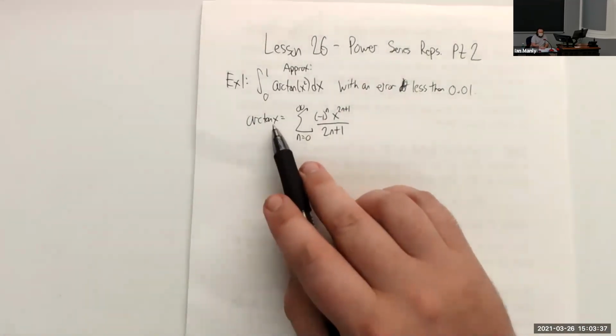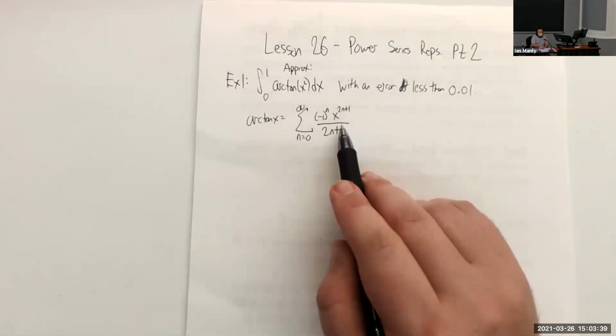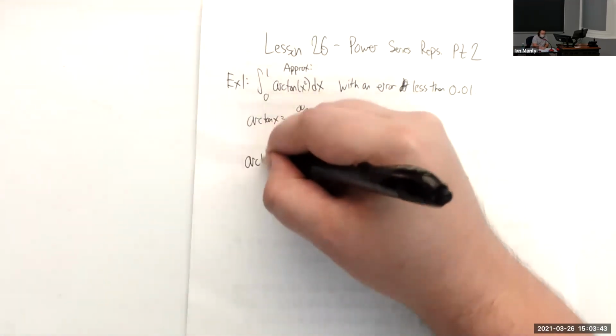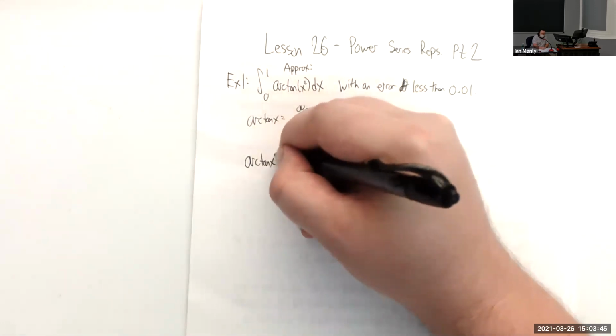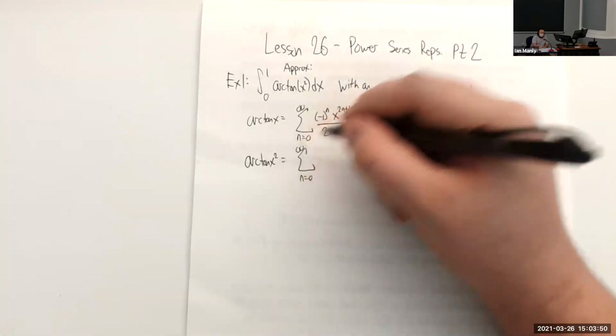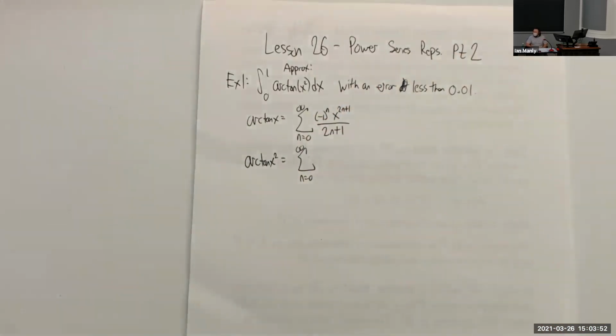But we don't want just arctan of x. We want arctan of x squared. So how do you think we're going to get arctan of x squared? What do I need to change about the series? Yeah, you just square the term with x in it.